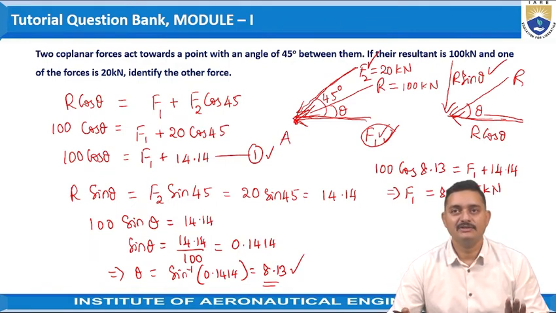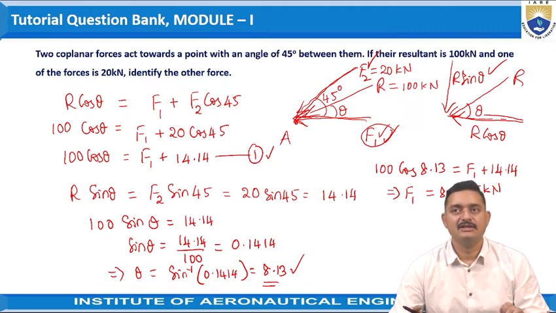So at the end of this problem, you can write the solution as: the magnitude of the other force is 84.85 kilonewtons, acting at an inclination of... this inclination is not needed because this F1 force is taken as a horizontal force.